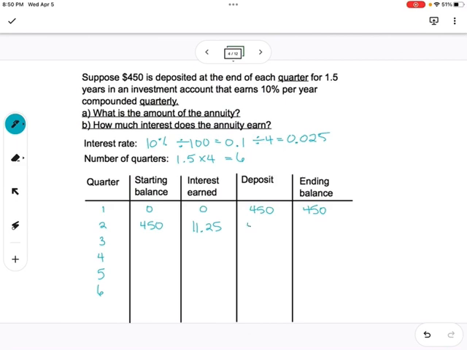And another $450 is going to be deposited. So adding those three numbers together, 450 plus 11.25 plus 450 gives us $911.25. That's our starting balance for quarter 3.